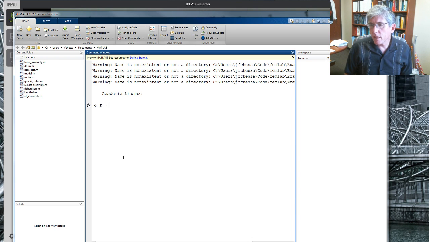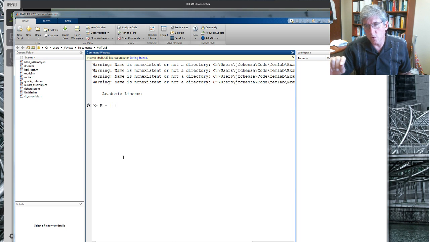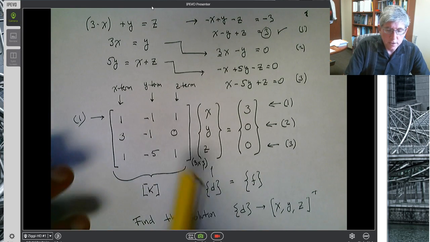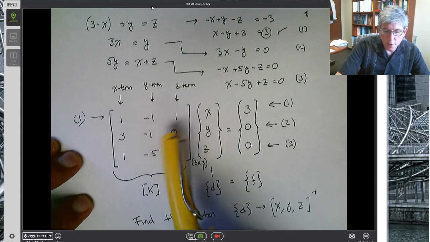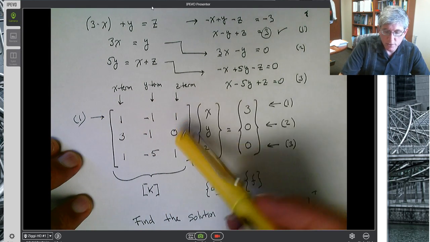In MATLAB, when I use a square bracket, this means that we're going to define a matrix in here, okay? And so we enter the matrix in row order. What we'll do first is the first row, and then there'll be a semicolon to denote that we go to the second row.